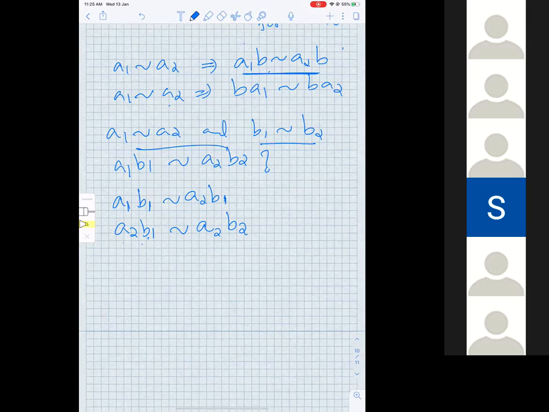Now since these are equivalent and the middle terms are the same, I get that A1 B1 tilde A2 B2.